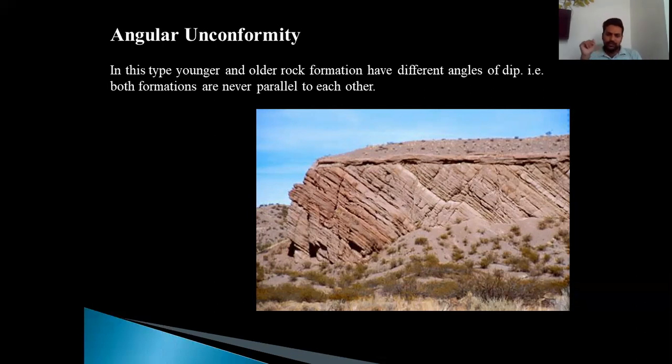In the picture, you can see that the lower set of beds is highly inclined, whereas the set above the unconformity is horizontal in nature. So it is very clear that when the lower beds were formed, they would have been horizontal, but due to some tectonic activities, they became inclined. After the inclination, those beds would have experienced upliftment and subsequent erosion.